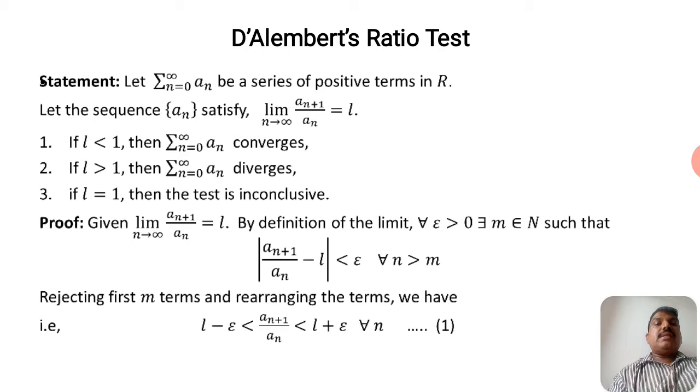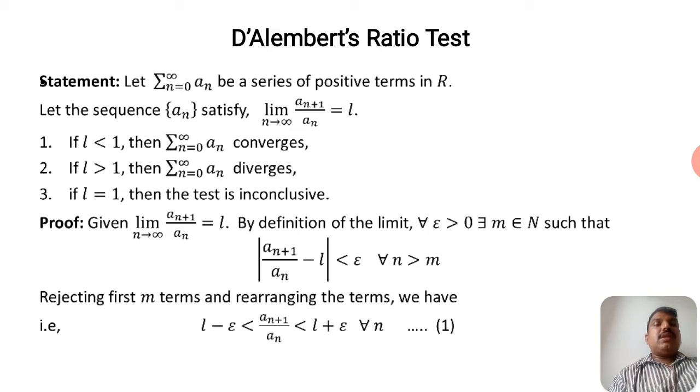Second, if L is greater than 1, then the series diverges. Number 3, if L is equal to 1, then the test is inconclusive.